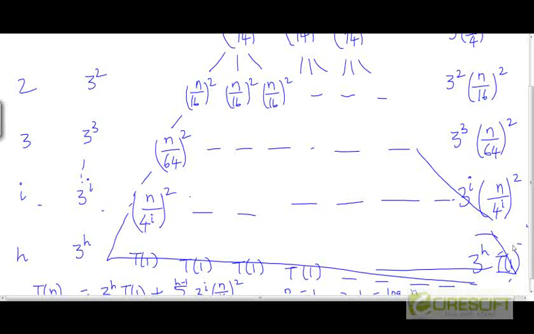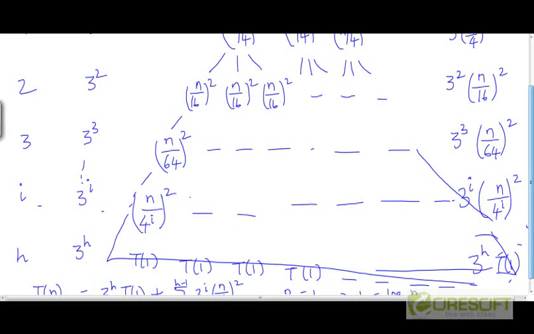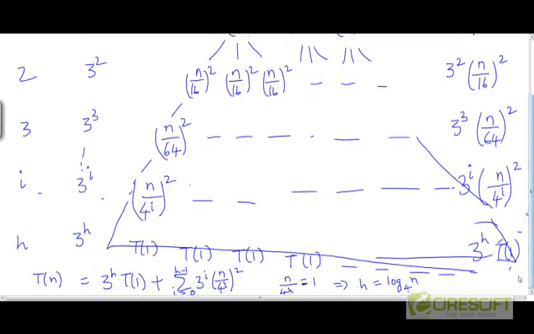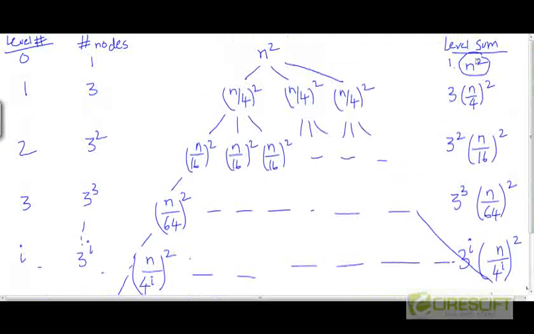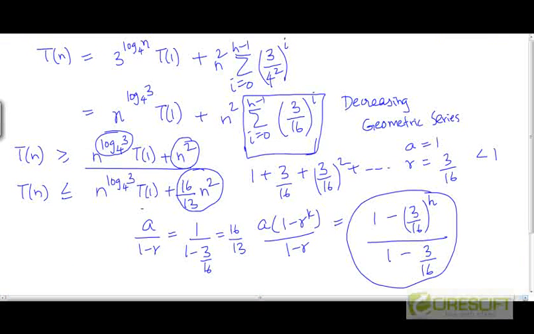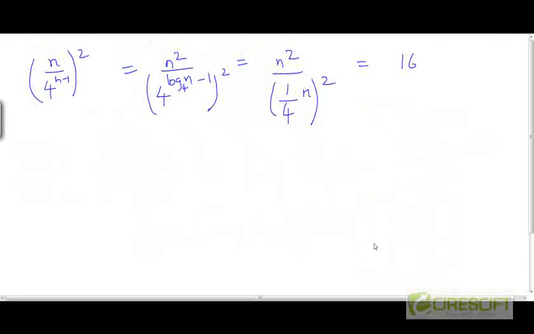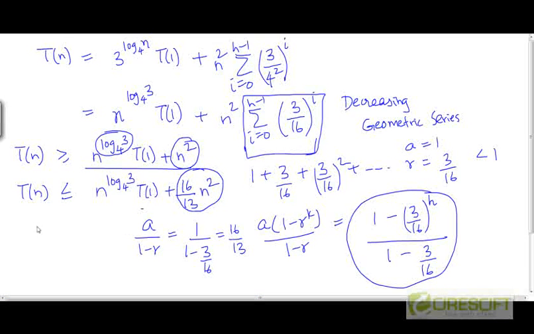So the complexity of the penultimate term is going to be equal to the complexity of the last term, and that's going to be n to the power log of 4 base 3, which is significantly less than the complexity of the first term. So this is a decreasing GP, and so it's the complexity of the first term which should determine the overall asymptotic complexity of T of n.